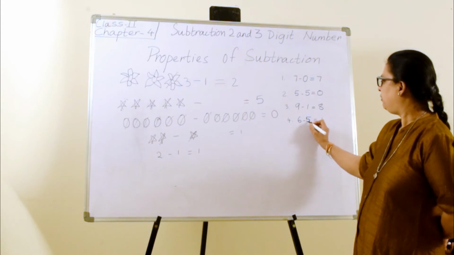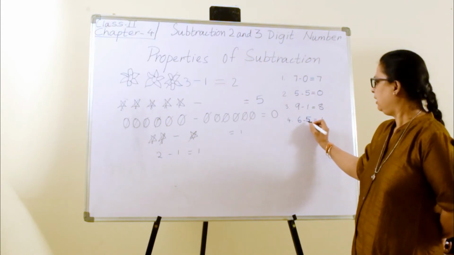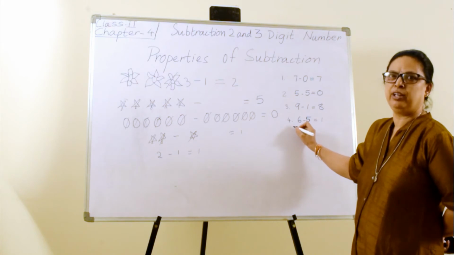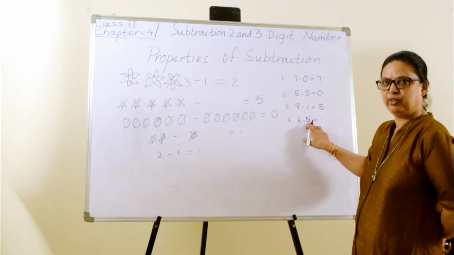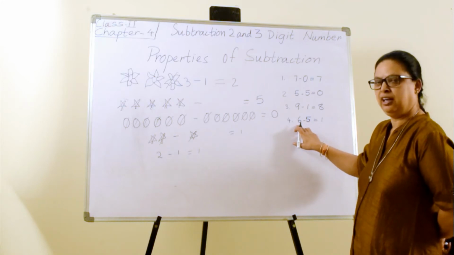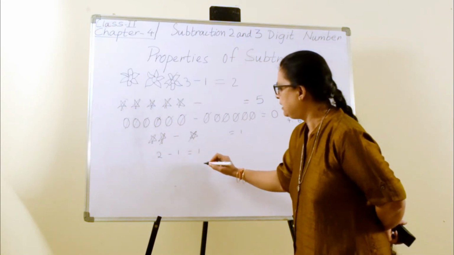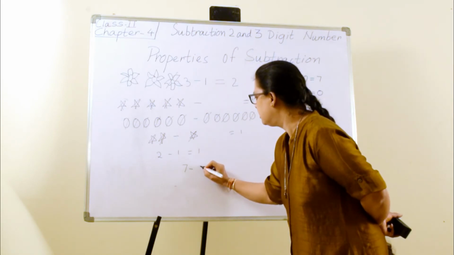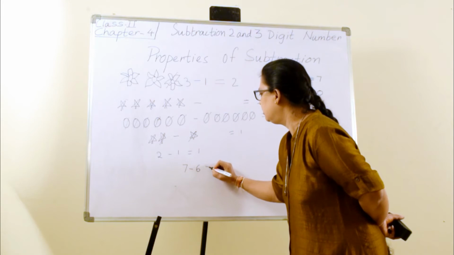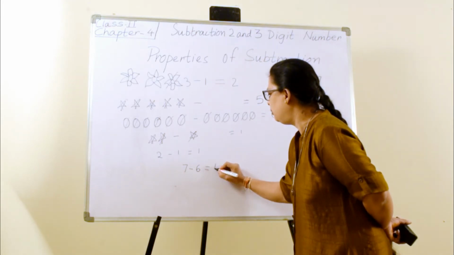So this is 5. So we are removing 5 from its after number. For 6 this is a before number, for 5 it is an after number. For example, let's take 7. What is the before number of 7? 6. So 7 minus 6 is 1.